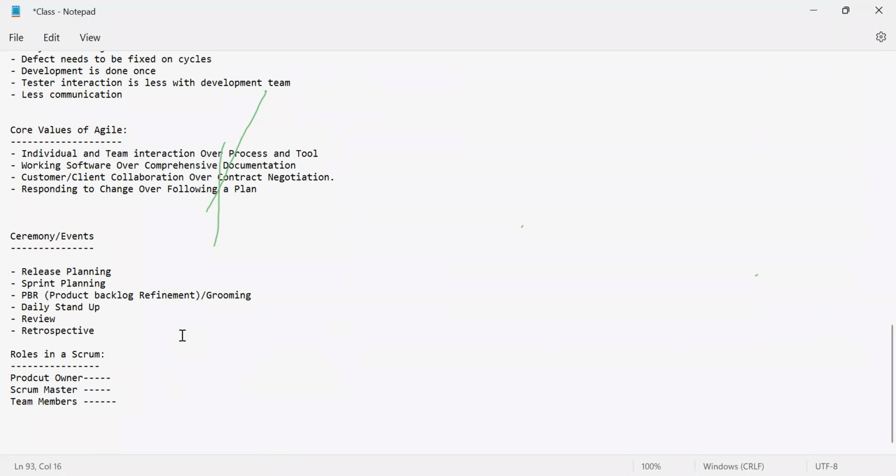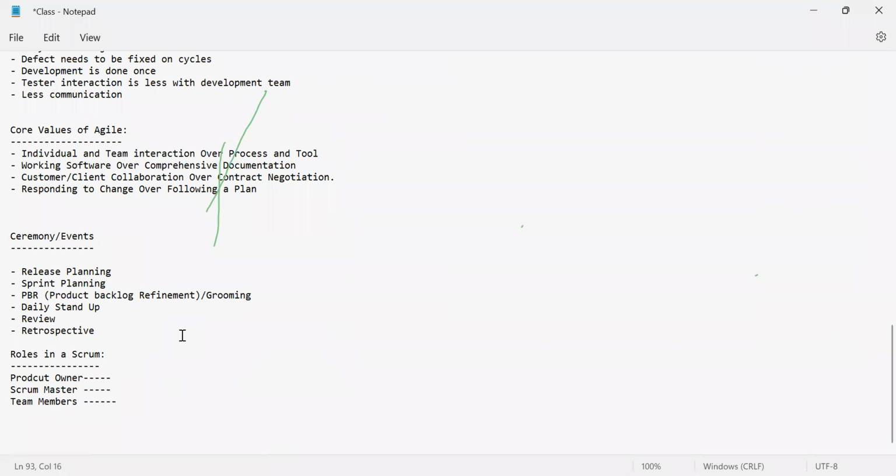This PBR happens every sprint. What is done in PBR is, you have 80 items left over in the product backlog, and the top prioritized 20 items will be picked up for PBR and discussed in this meeting.